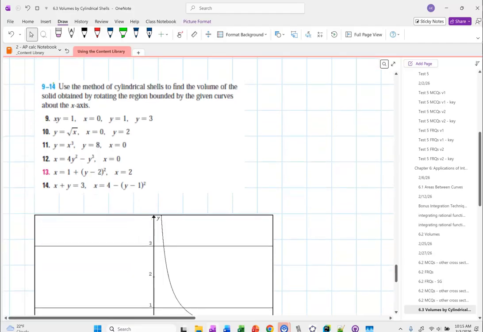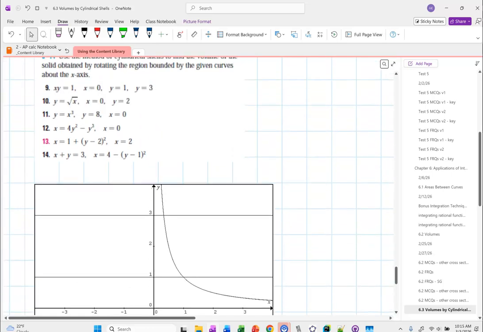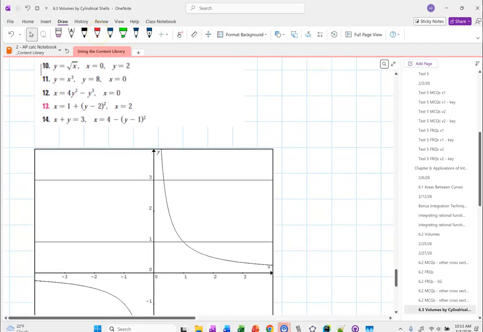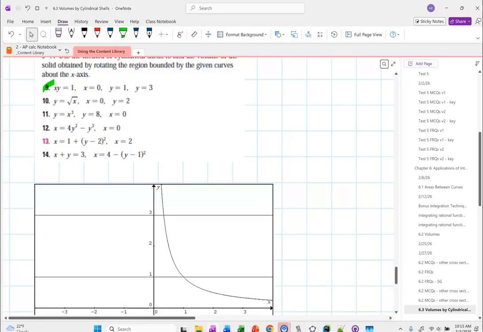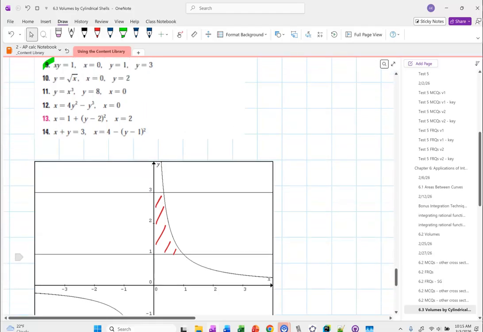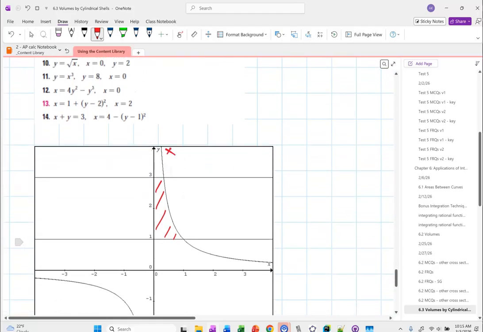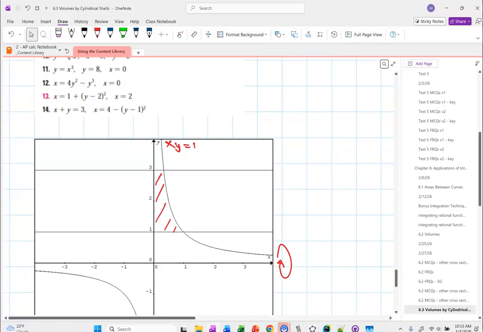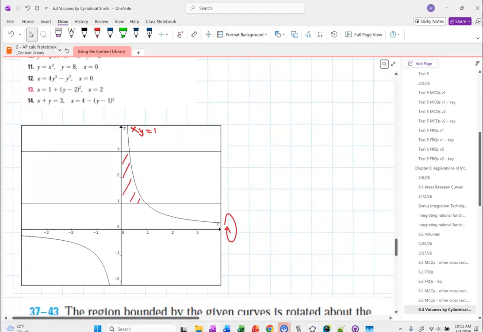All right. Same story, but this time we're going about the x-axis. So this first example: this is our shaded region, and this is the curve xy equals 1. But this time we're rotating about the x-axis, which means that our volume is going to be, Adrian? dy.